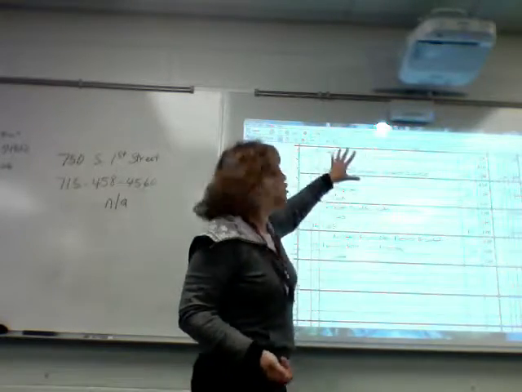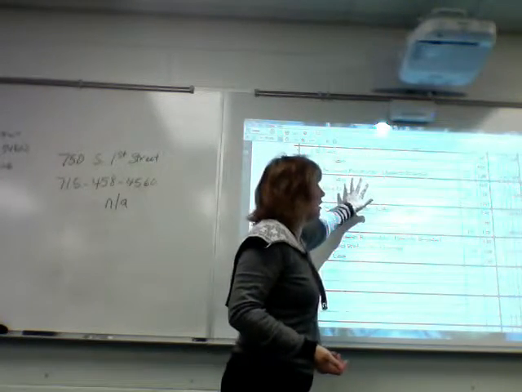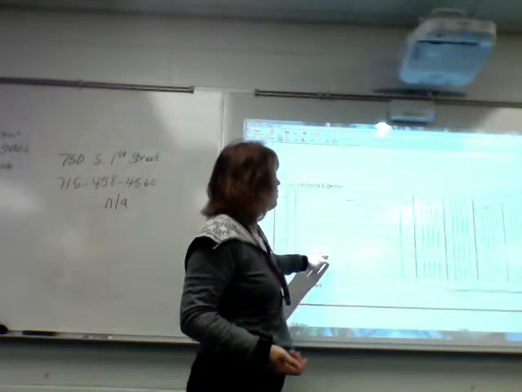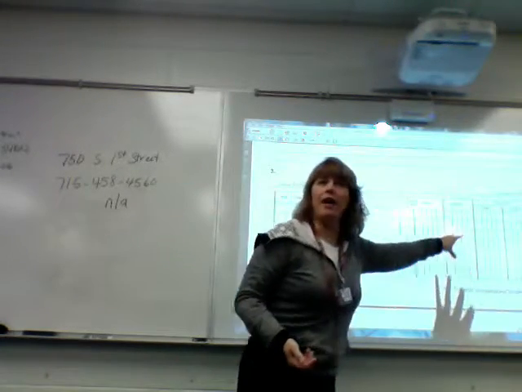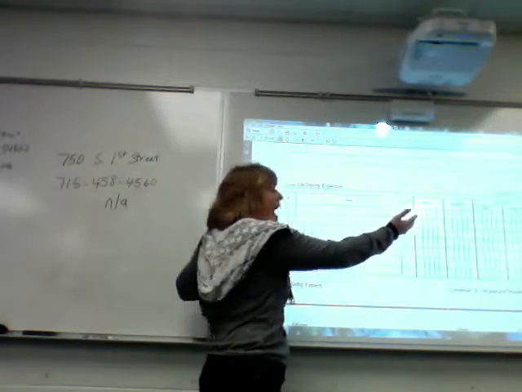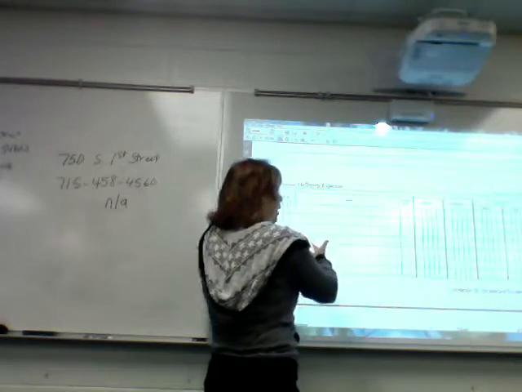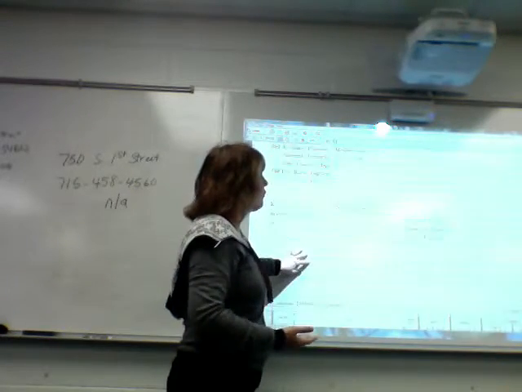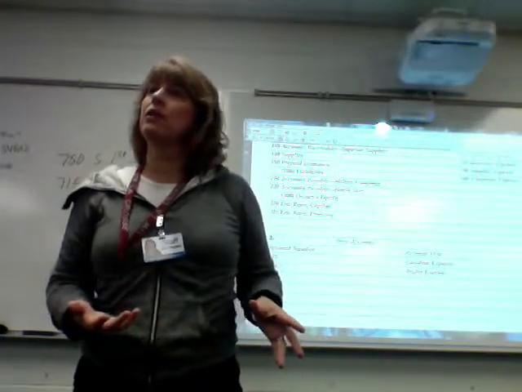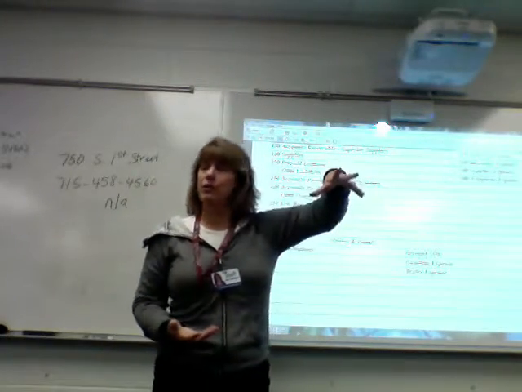Posting means transferring information from a journal, here's a journal, to a general ledger. And a general ledger is simply a group of accounts that look like this. So we will have an account form like this for every account that we have in our chart of accounts. So we make a chart of accounts.